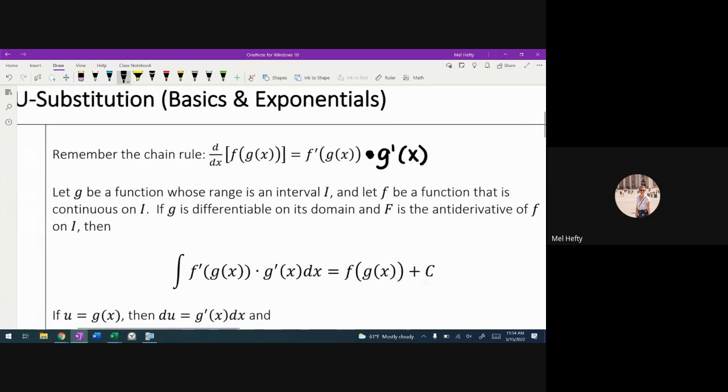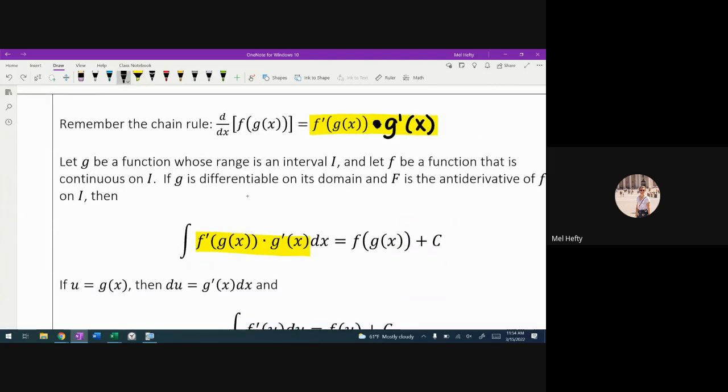So we've got the idea that we want to reverse chain rule. So you're going to notice this guy here is the same thing as this integrand here. All right, so what we're going to try to do is reverse this process.